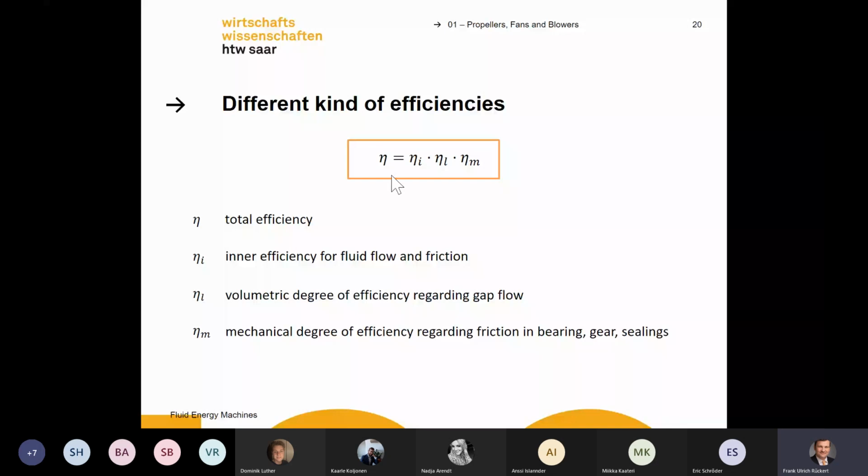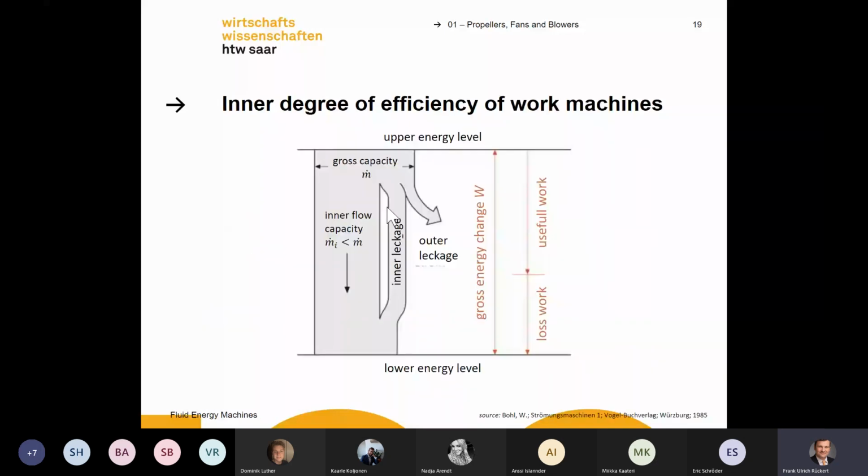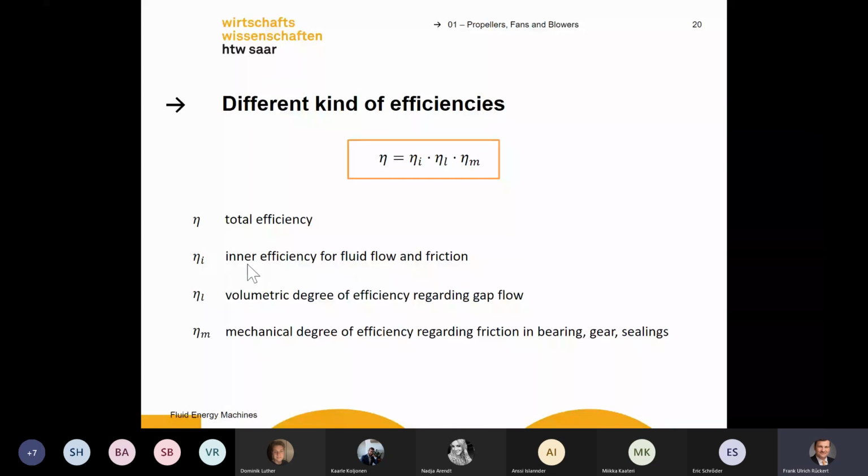So we have different small efficiencies, for example friction and fluid flow. We have loss of efficiency because of gaps. We can also have loss of efficiency because of bearings, gears, ball bearings, and sealings.